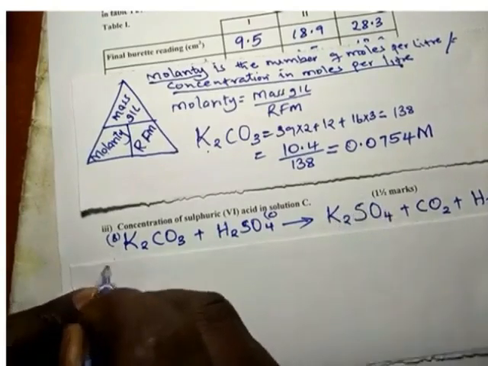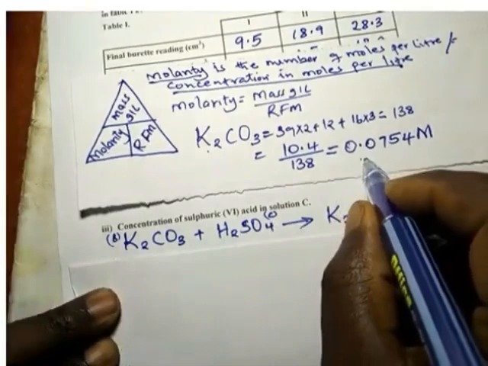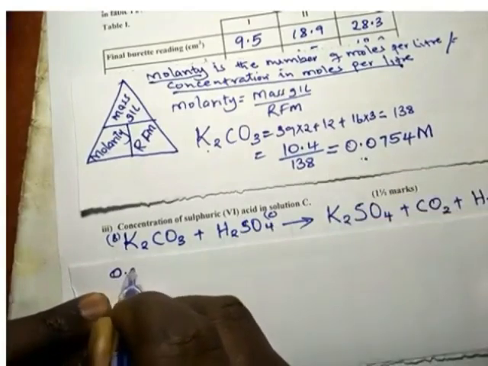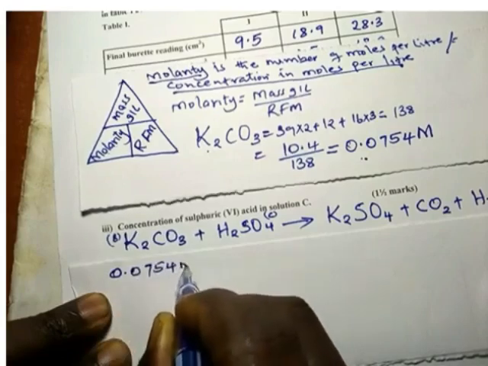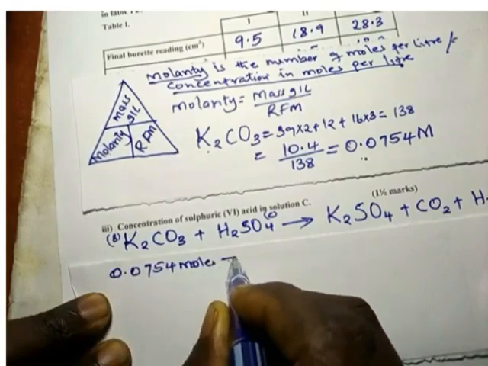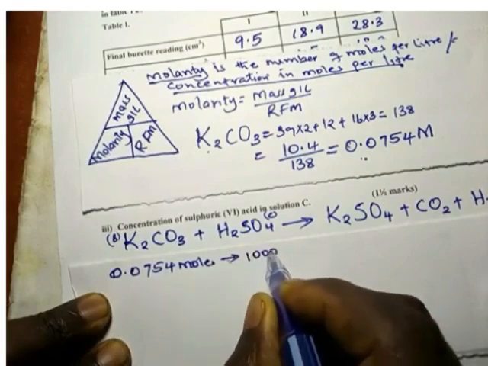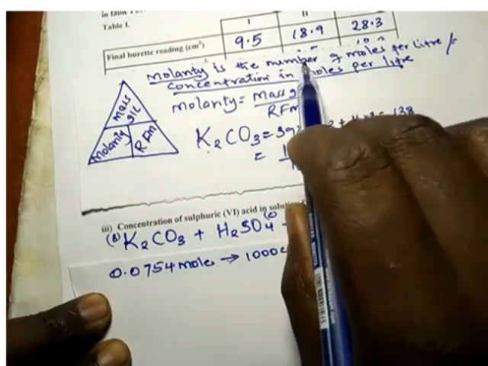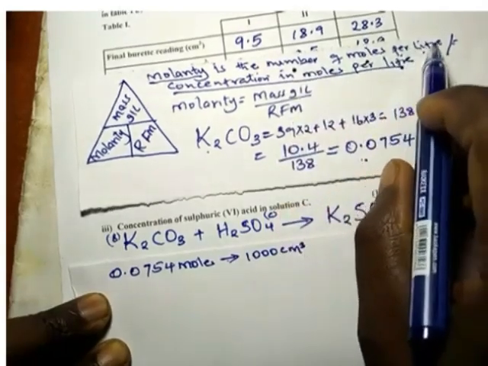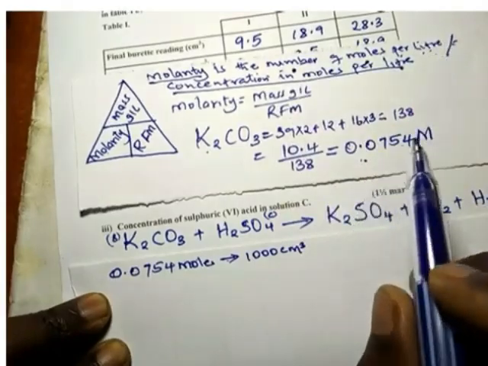In 1,000. Therefore, this 0.0754 is the number of moles where? In 1,000 centimeters cube. Because I have told you molarity is the number of moles in a liter. A liter is equal to 1,000 centimeters cube.